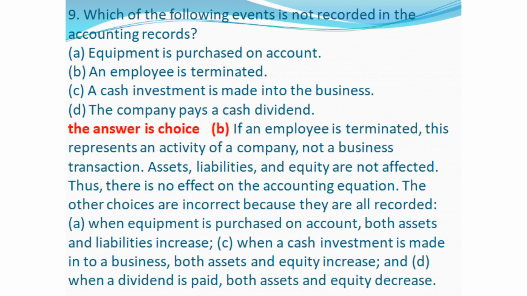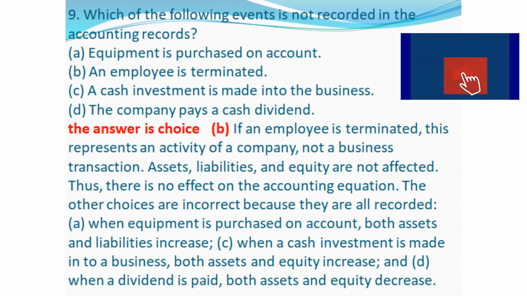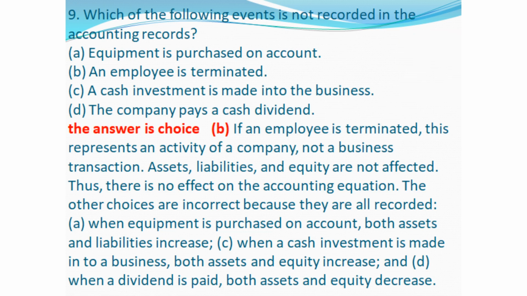The answer is choice B. If an employee is terminated, this represents an activity of a company, not a business transaction. Assets, liabilities, and equity are not affected. Thus, there is no effect on the accounting equation.